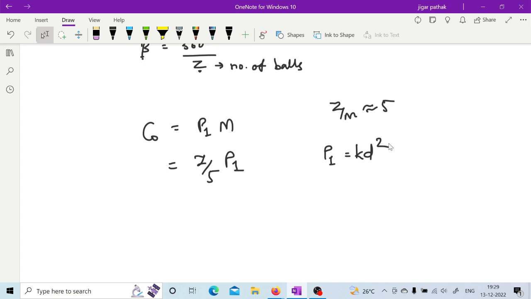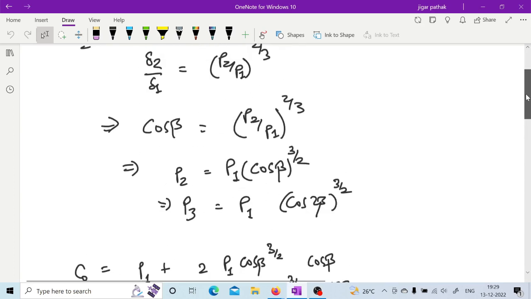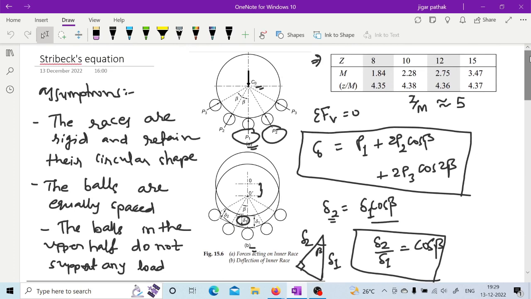So this is how you can calculate the static load carrying capacity of a particular bearing.